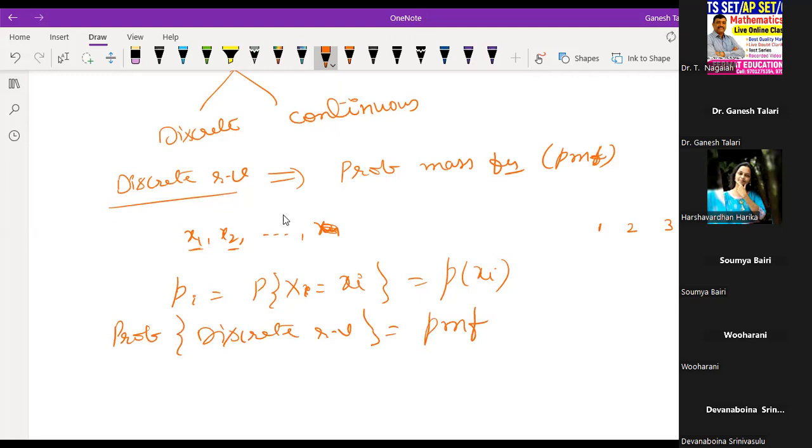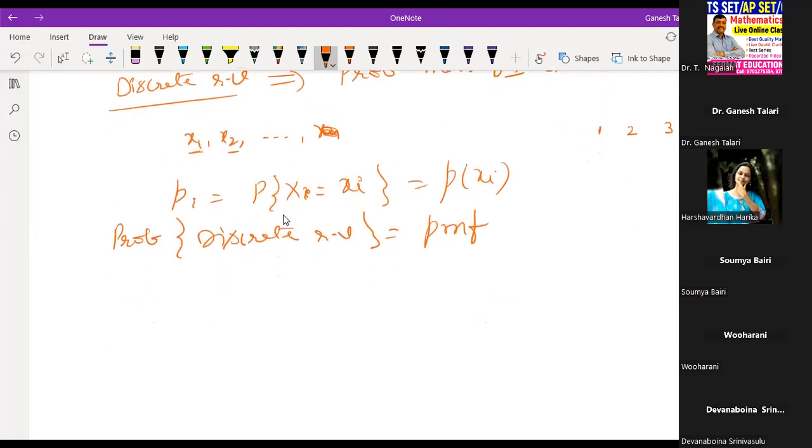So it must satisfy certain conditions. First one, what is the condition? Because of probability, your p of xi must be greater than or equal to 0 for every i. And second one, the total probability must be equal to 1. Why must it be equal to 1?